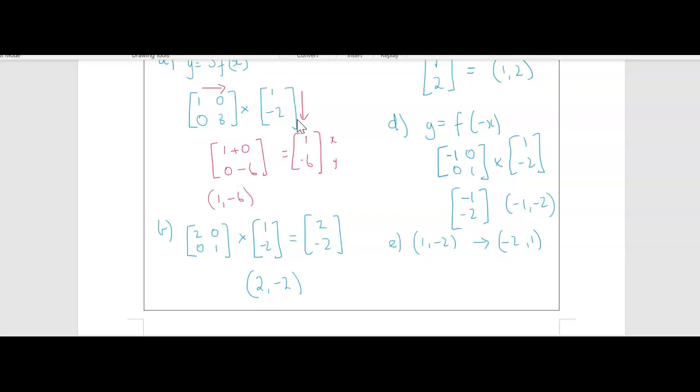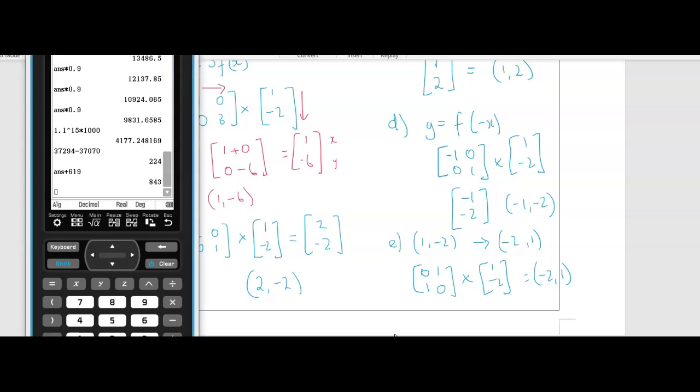It's extremely important. But in matrix notation, we would have a 0 here, 1, 1, 0. So we're switching the x and the y. Multiplying by 1, -2 gives us -2, 1.